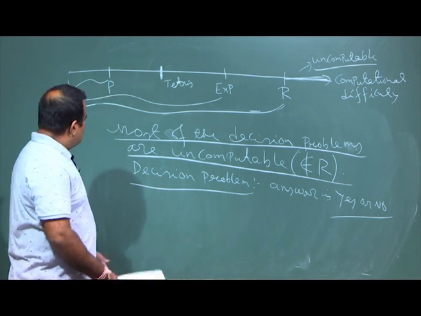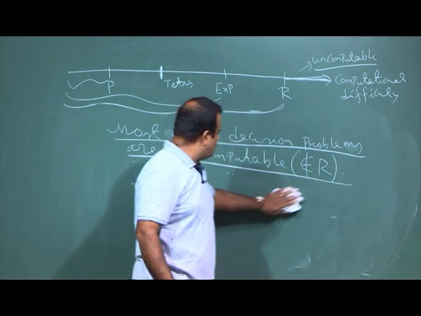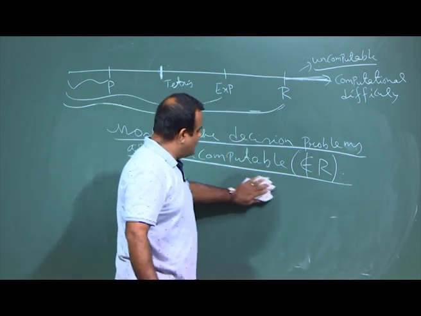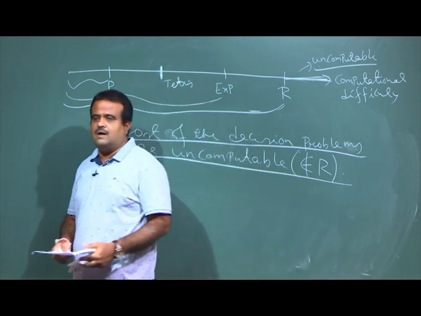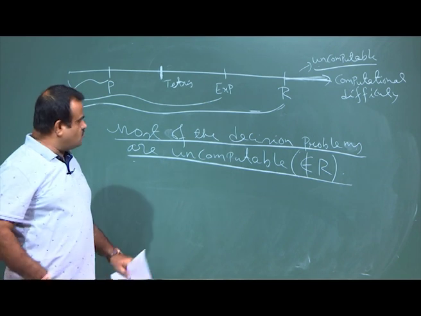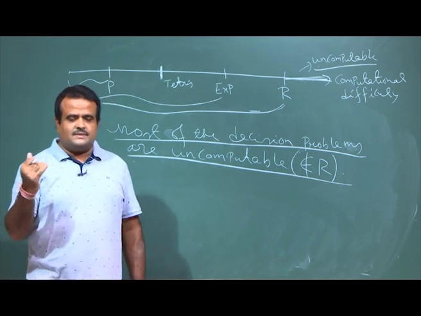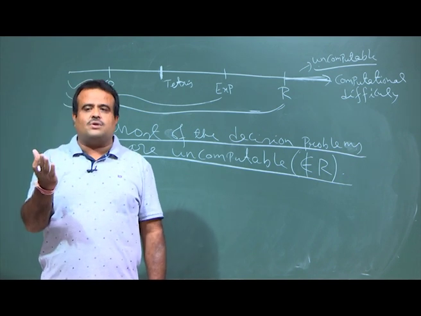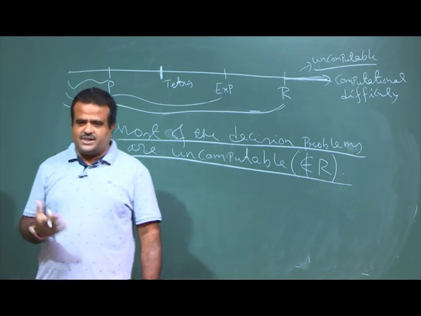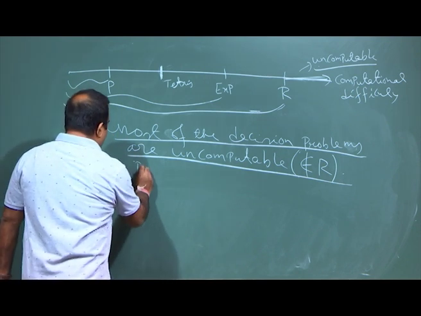So, we want to see why this is true, that almost all decision problems do not belong to R. Why is it true? Because if it can be solved in a finite machine, there is a computer program, a program basically.